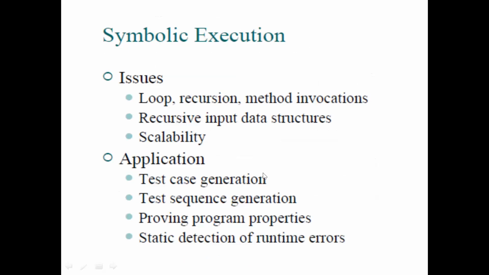We will check whether the loop is executing as per the constraints, how the recursive processes are performed, and how the methods are invoked. If you are using a recursive call, the function call has to be initiated, and the recursive input and data structures will be checked, as well as scalability: how many times we can execute the process and how many inputs it can accept, that can be tested.